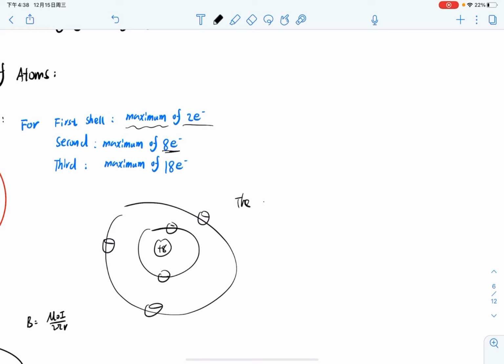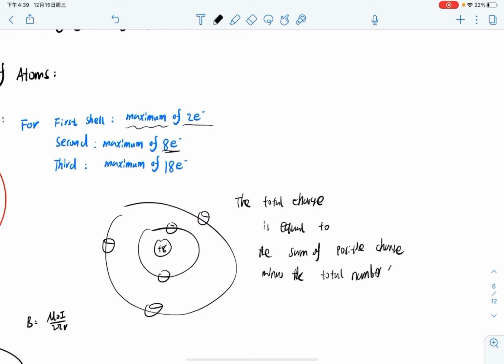The total charge is equal to the sum of positive charges minus the sum of negative charges.